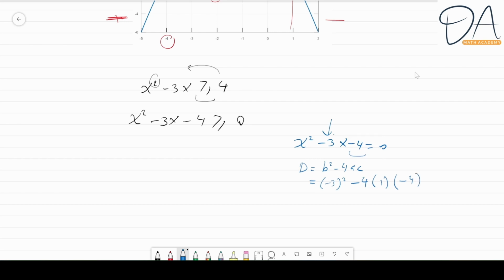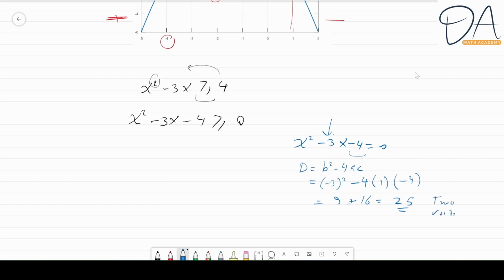In this case, it will be 9 plus 16, which gives us 25. With 25, we know that we have two roots.